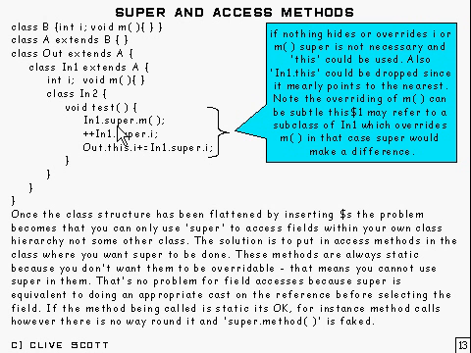Right, now that looks fairly straightforward. There's a couple of points to make. Now if nothing hides or overrides I or M, that's in here, so if that wasn't there, then m.super is not actually necessary, and you could use this instead.